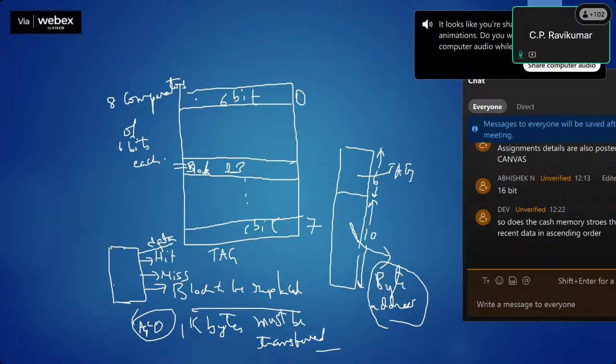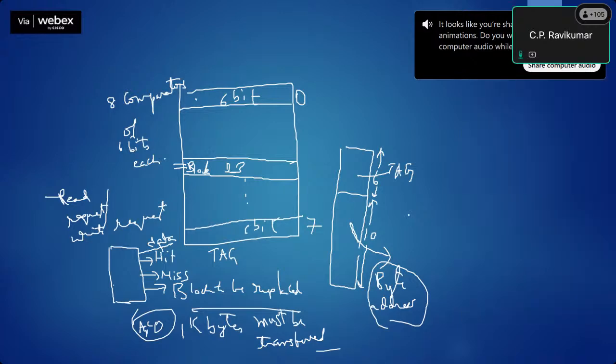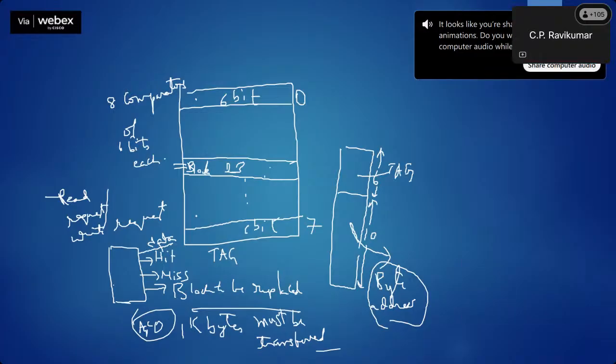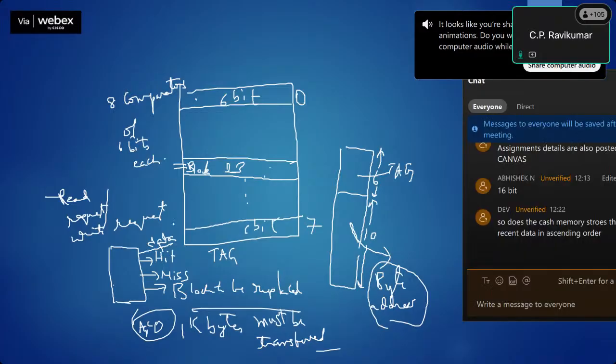Like I may have mentioned to you, we also have to see whether the cache has been updated. I can get either a read request or a write request. If I'm trying to read from the main memory, then after loading it to cache, we can access the particular memory being requested and supply it to the CPU. But if the CPU is trying to write something to the memory, should we write it in the cache or in the main memory?